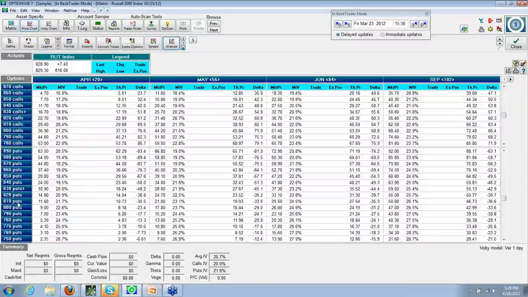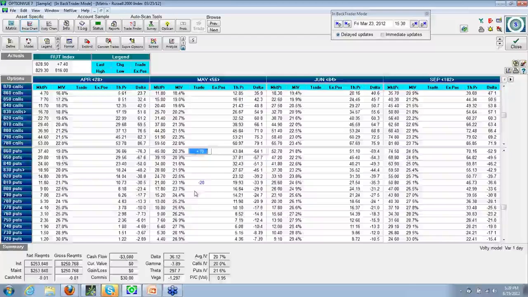If I come in here and start at the same 8-10 levels we started before, that was our original trade. 1, 2, 3, 4, 5. 2, 3, 4, 5. If I did that and I take a look at my delta, it's like -111.